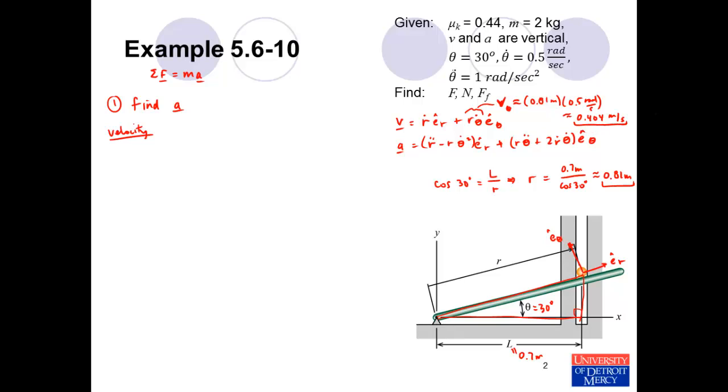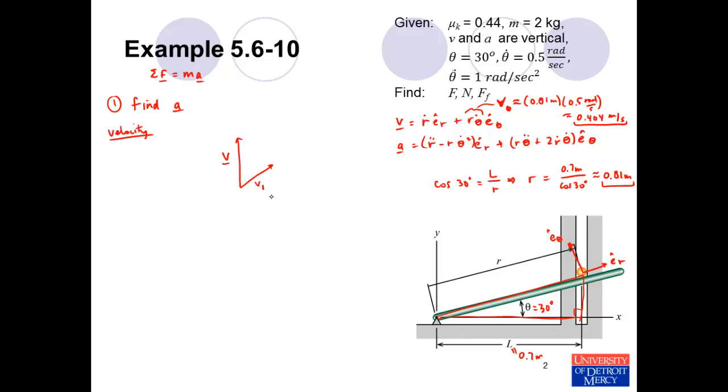While that doesn't give us r dot directly, we can use the fact that we know the direction of the velocity. The velocity is straight up because it's constrained to move in that vertical slot.